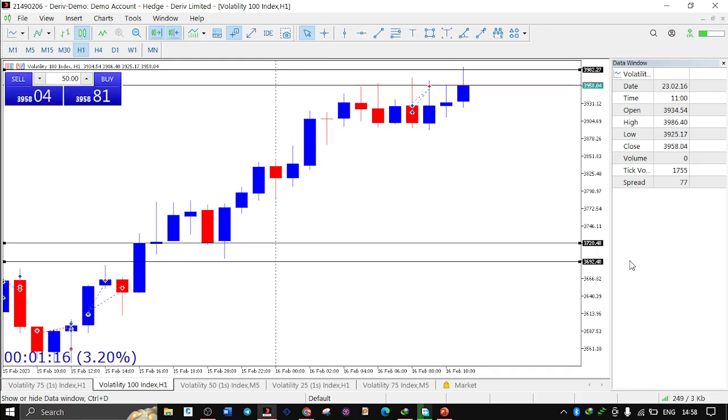Which value did you get? 28.08. Now these are the number of pips that we would have assigned to our stop loss.